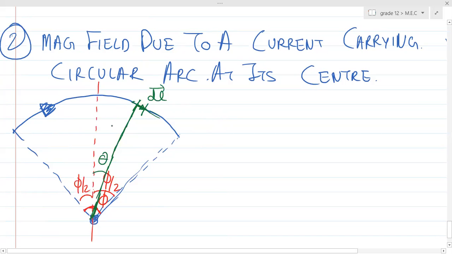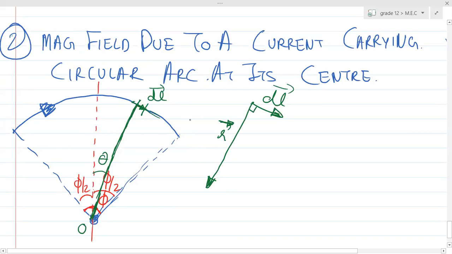Now see this particular thing, guys. Can you see this dl vector is like this? And from this dl vector to this particular point O where we want to calculate, will this be your r vector? What will be the angle between the dl vector and the r vector here?